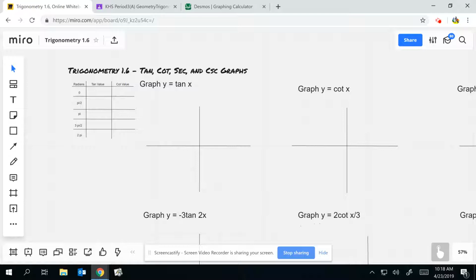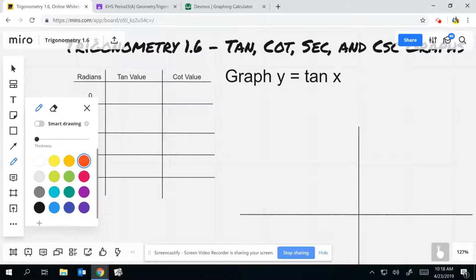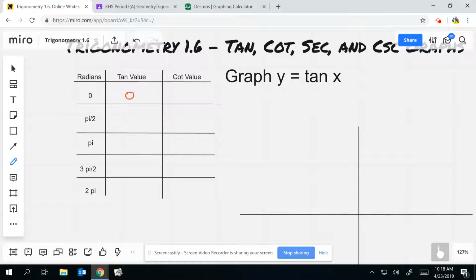So if you look at the tangent column, it starts at 0. So if you have 0 radians, your tangent value is 0. But if you have 0 radians, you go to cotangent, that's undefined.